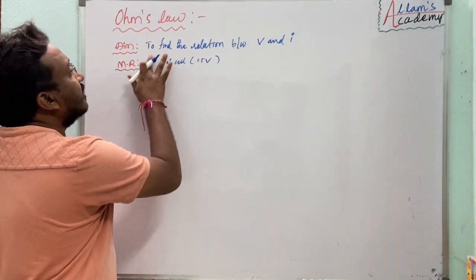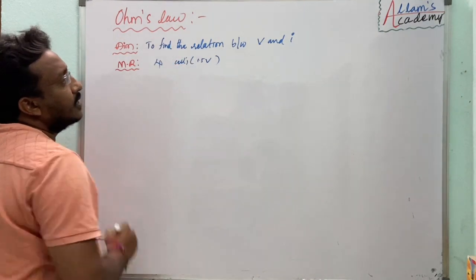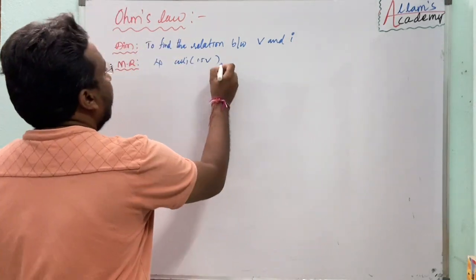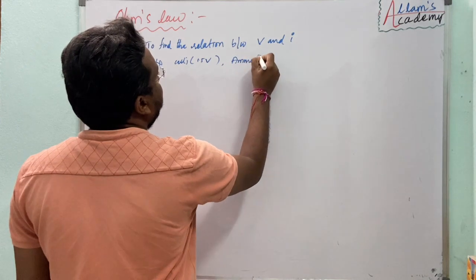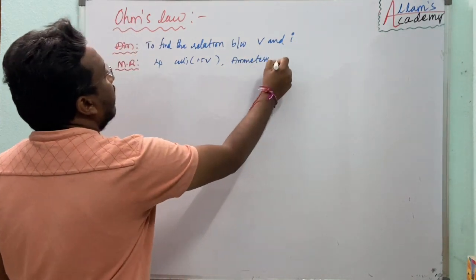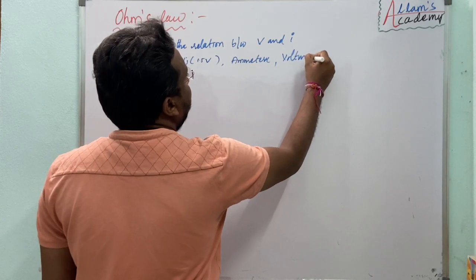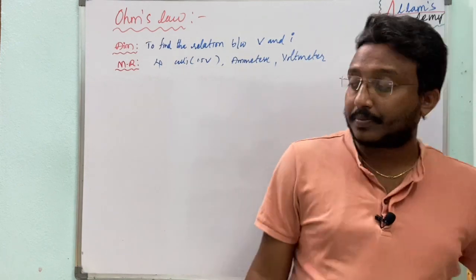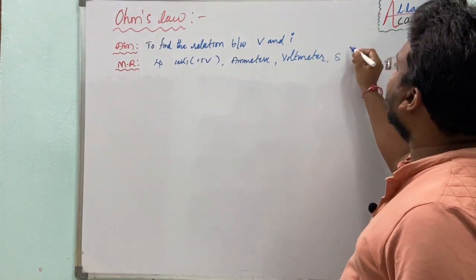That means take 4 cells which contain 1.5 volts, and an ammeter to measure the current, a voltmeter to measure the potential difference, and a switch.